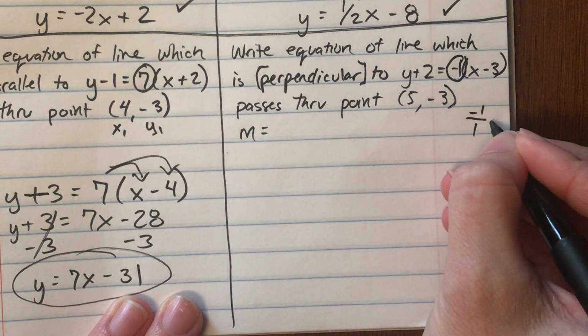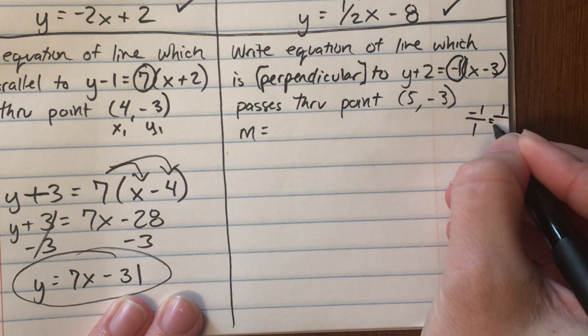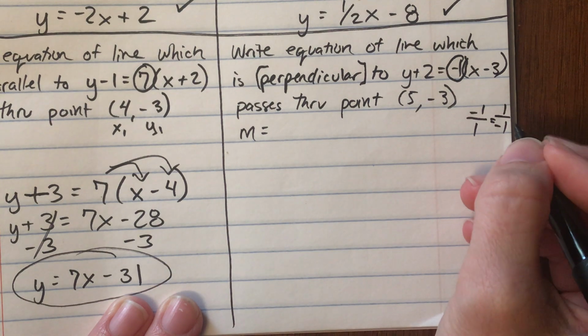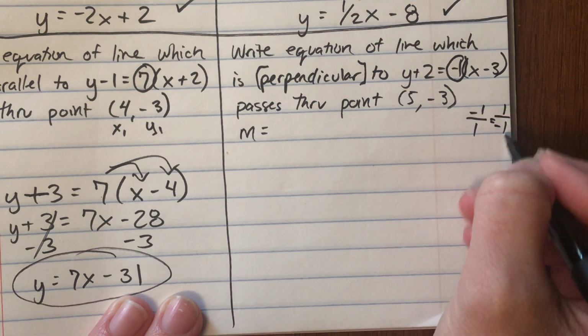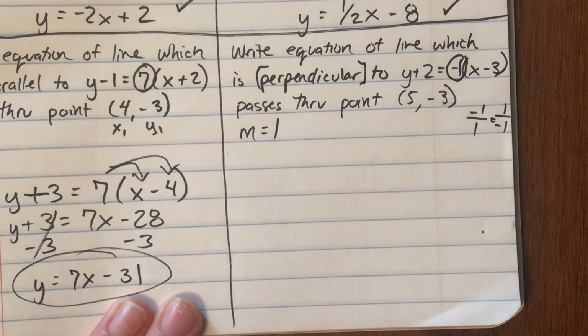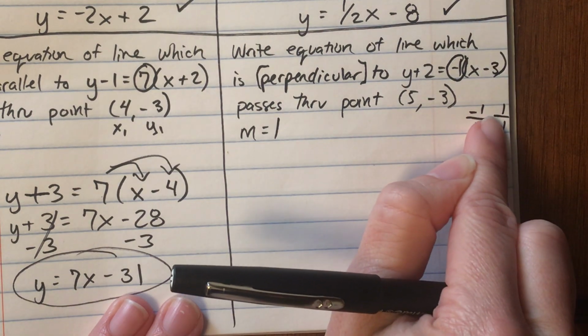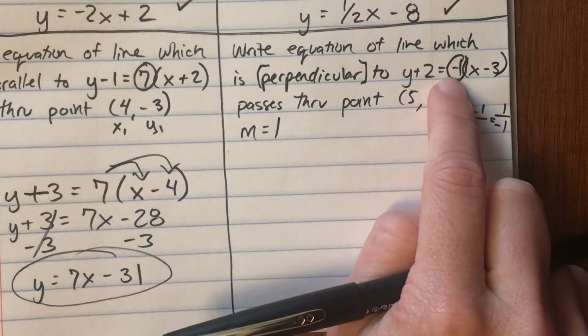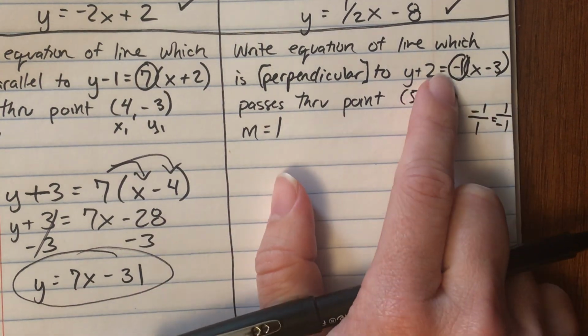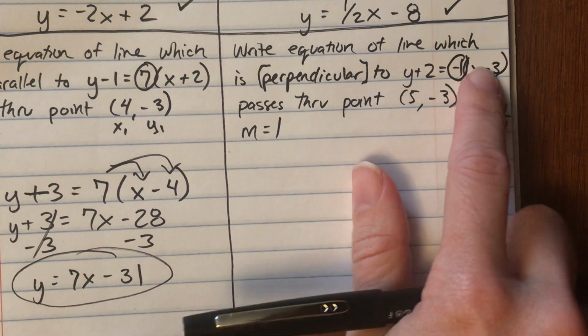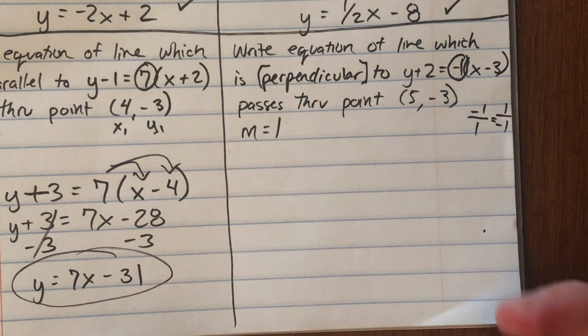Well, it's -1 over 1, which flipped upside down is 1 over -1, but it's going to be positive instead of negative. So your slope here is actually going to be 1 over 1, because we have to take away that negative sign. So the opposite reciprocal of -1 is actually +1, which is kind of strange.